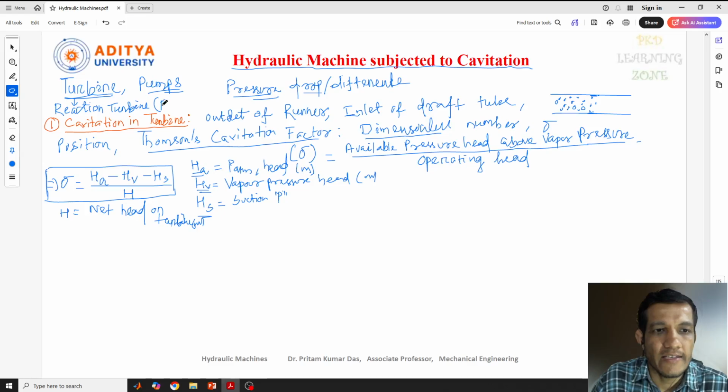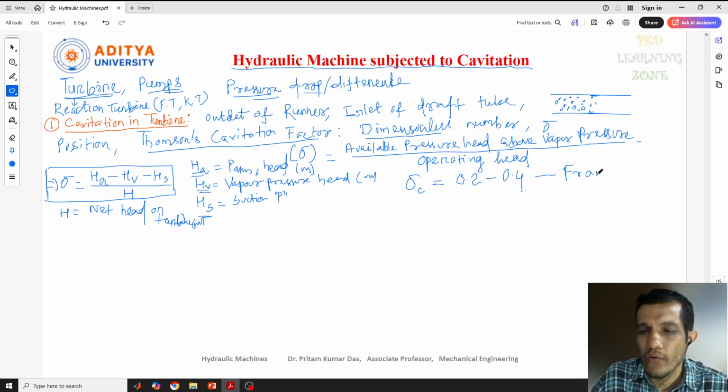One is the Francis turbine, another one is the Kaplan turbine. So the value for this Thomson cavitation factor, the sigma value, is 0.2 to 0.4. This is for the Francis turbine.